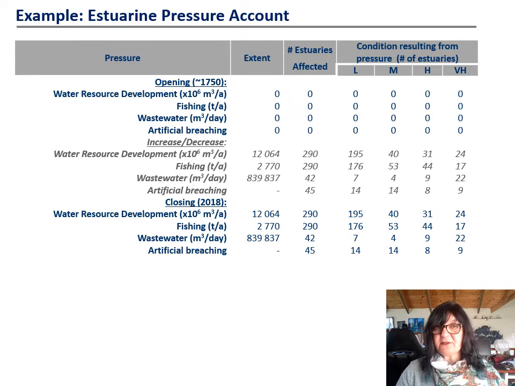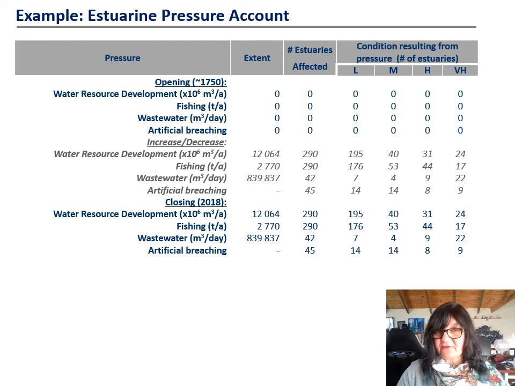The pressure accounts are in fact a measure of the vectors of change in estuaries, and the key things that we captured here were changes in water resource development, fishing, wastewater discharges into estuaries, and artificial breaching. And again, we indicated the total volume which is coming from the pressure or getting discharged or extracted from the system, the number of estuaries being affected by this pressure, and then the level of pressure on the number of estuaries.